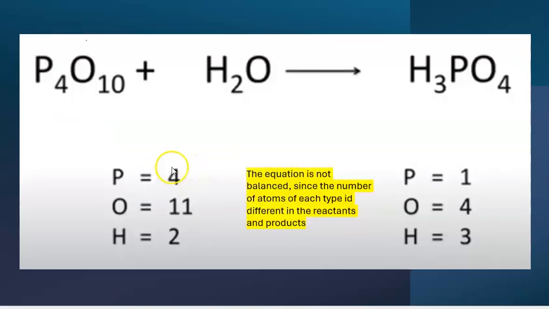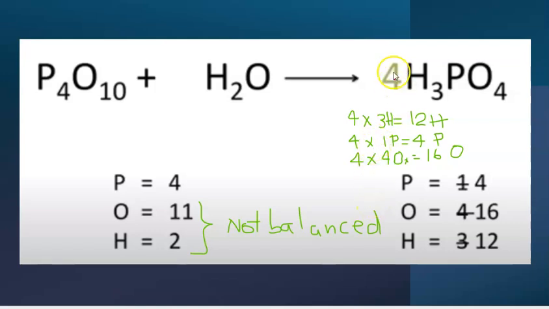Well, let's see, we have 4 phosphorus in the reactants, but only 1 in the products. 11 oxygen in the reactants, 4 in the products, 2 hydrogen in the reactants, and 3 in the products. So this equation is not balanced. But if I put the 4 in front of phosphoric acid, well, this substance is phosphoric acid.